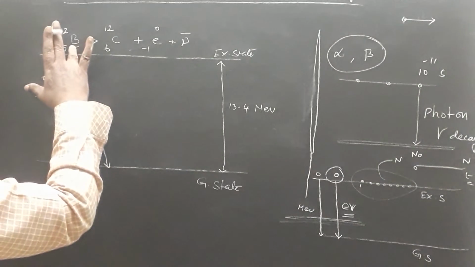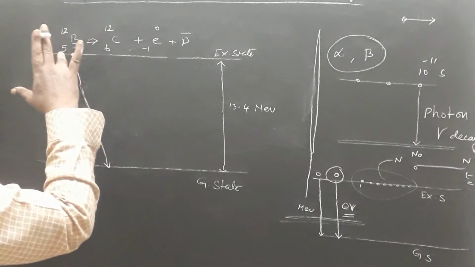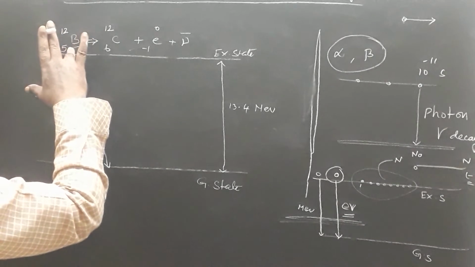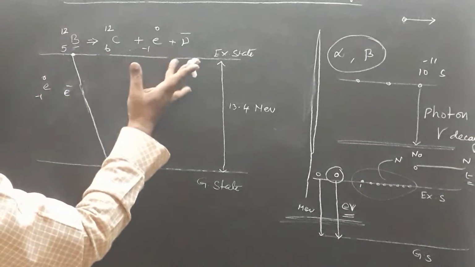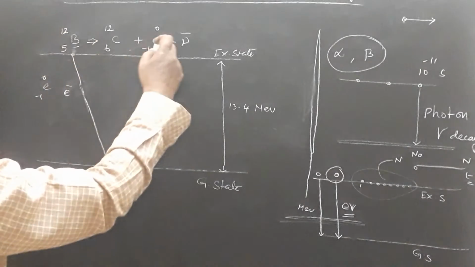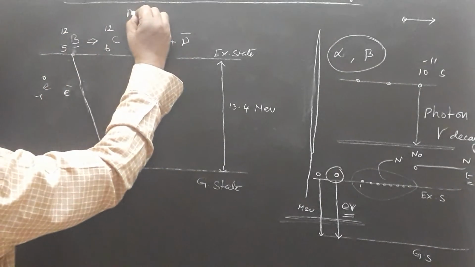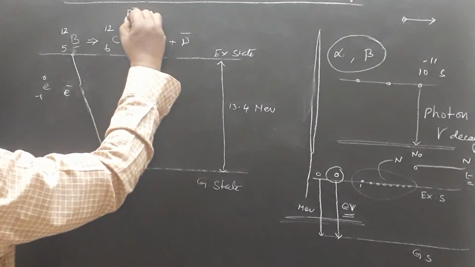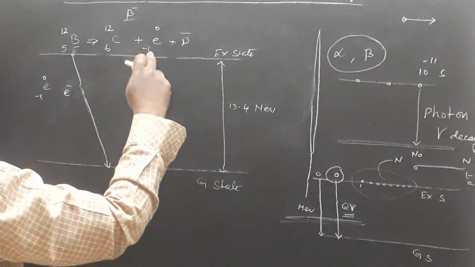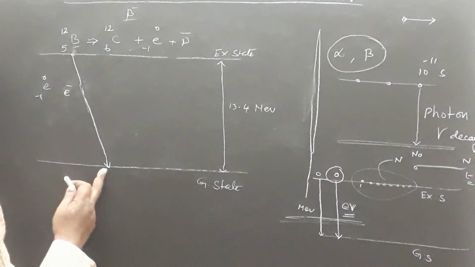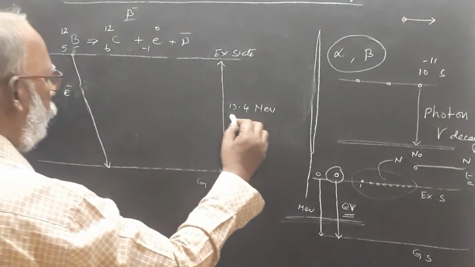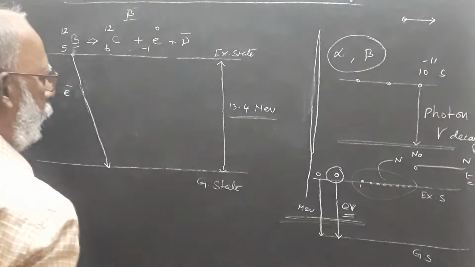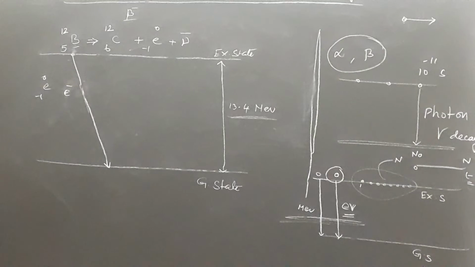The boron is the element in the excited state, and beta decay happens. Beta decay means beta minus decay, that is, emission of an electron, straight away to the ground state. During that period there is 13.4 million electron volt.